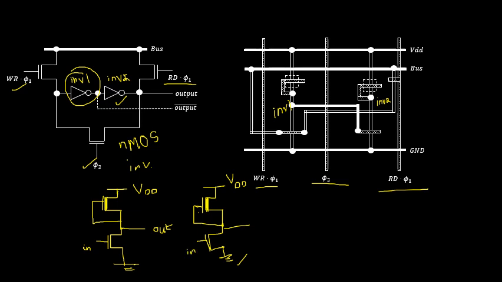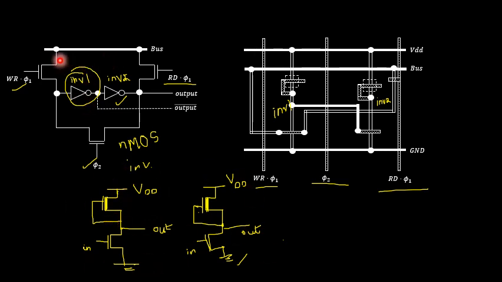This is the input and this is the output. So inside the circuit I will be having the connection something like this. If you compare it with this particular diagram, I am having the write 1 transistor over here, so that diffusion terminal is connected to the inverter 1 input terminal. So this will be inverter 1, this will be inverter 2.